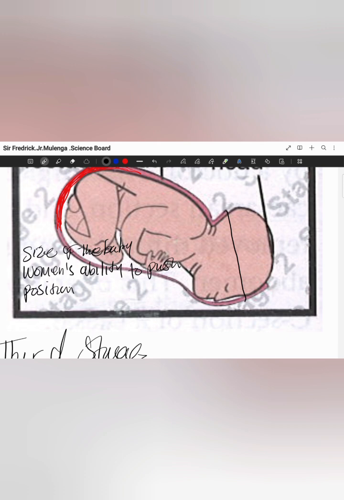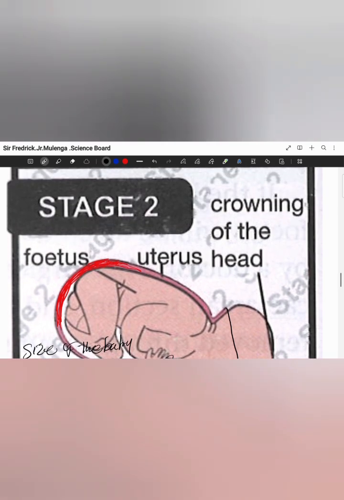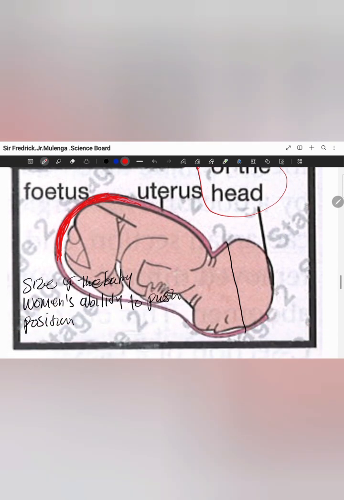Perhaps on the diagram you are seeing this, which says crowning of the head. What does this mean? It means the moment the head of the child appears at the mouth of the birth canal, and the doctor can see the head appearing, that is what we call crowning of the head.